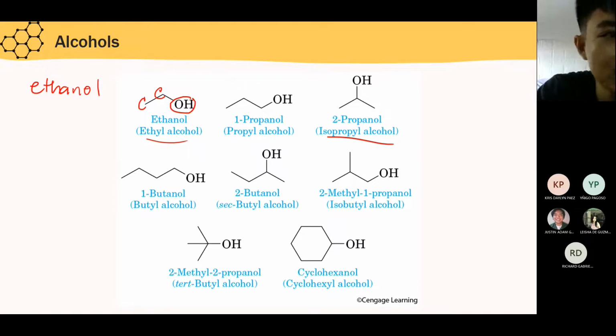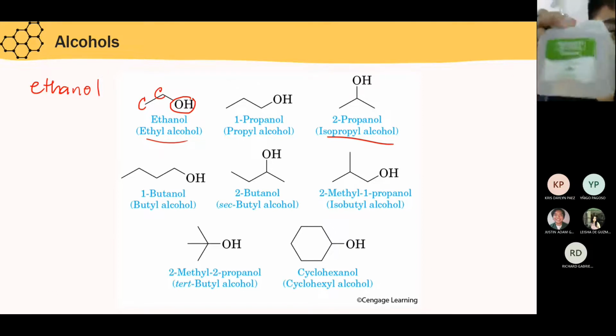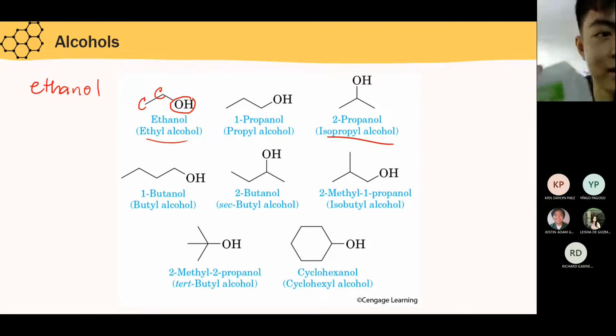So actually, wala naman silang pinagkaiba talaga. Okay? Other than the structure. You can use them as disinfectant. Pero, again, if ang purpose ng alcohol ay disinfectant, huwag nyo siya inumin. Okay? Ibig sabihin, kung may nakita kayong ganito na ethyl alcohol, hindi pa rin siya pwede inumin kahit na ethyl alcohol siya. Kasi siya ay intended for disinfectant lang.